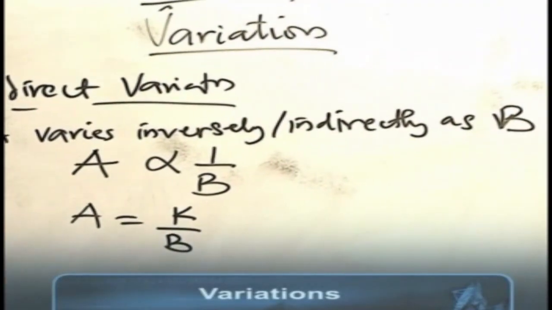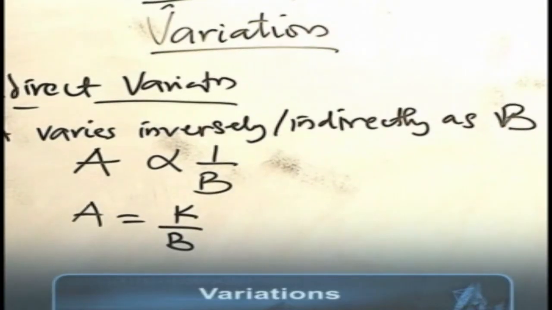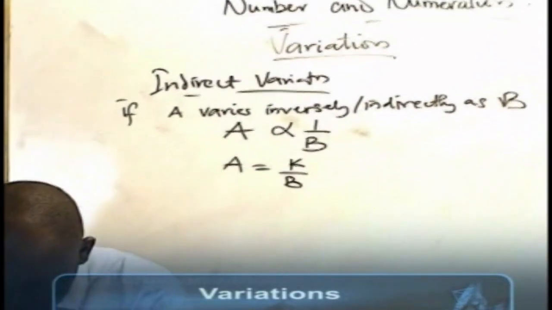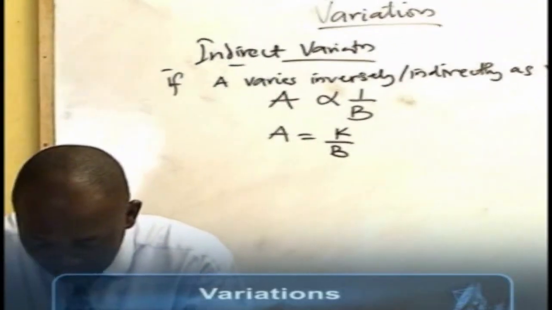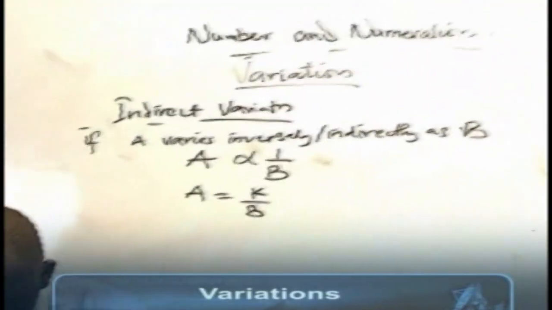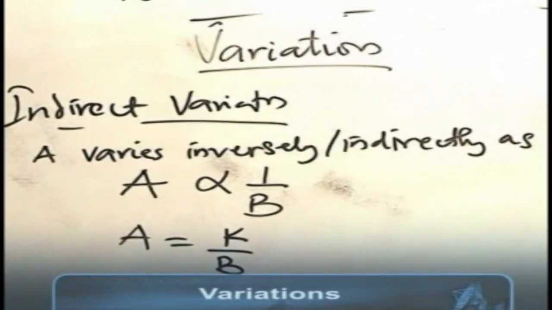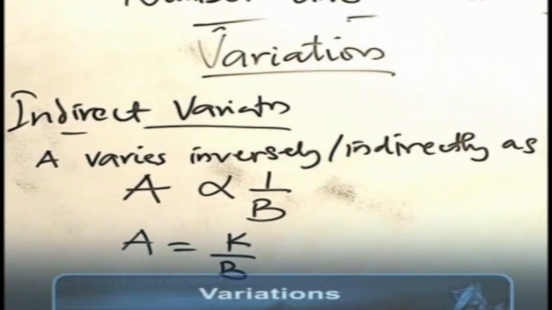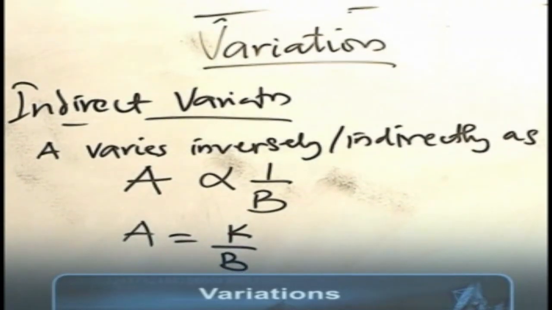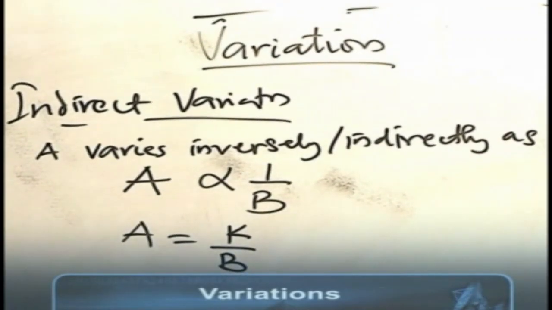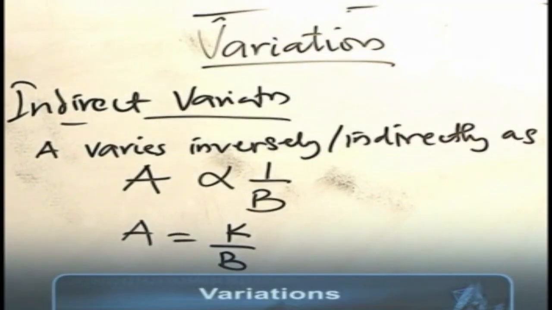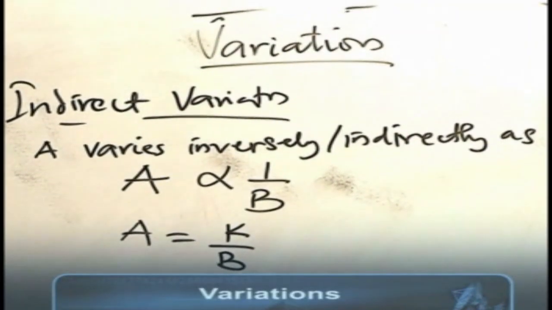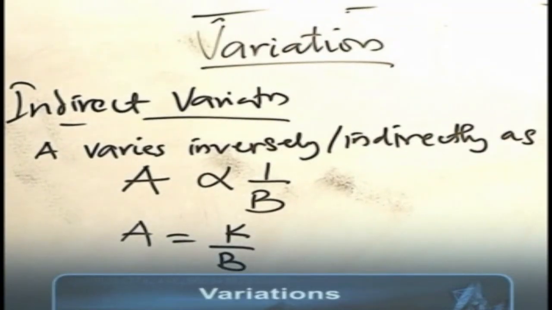Let's quickly look at an example to deepen our understanding of this particular aspect. Look at this. If B varies inversely as G, B equals 5, G equals 4. Find the law connecting B and G, and find G when B equals 10. Let's take it one after the other.